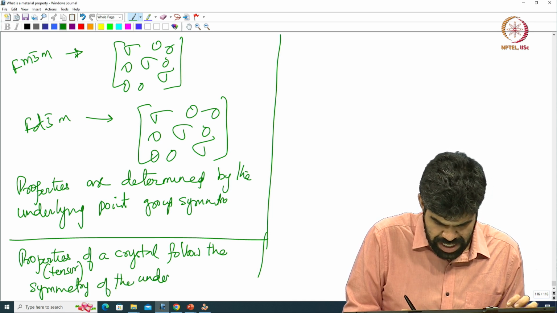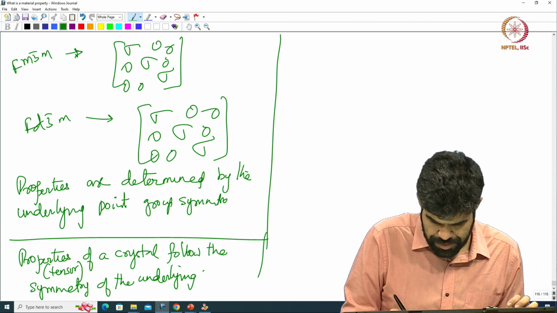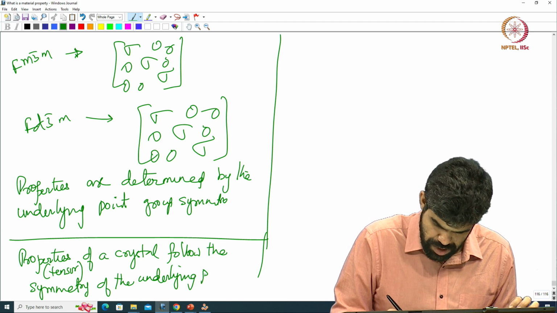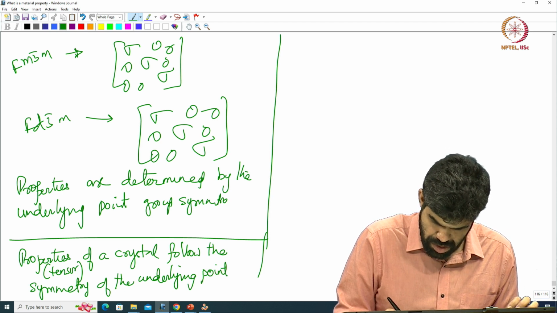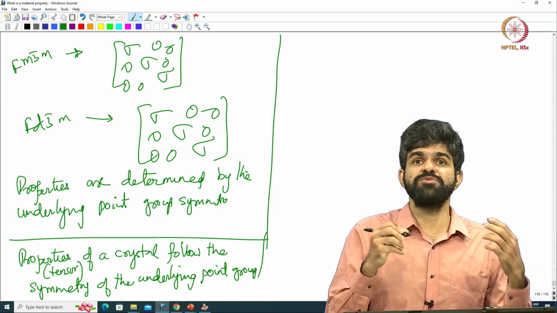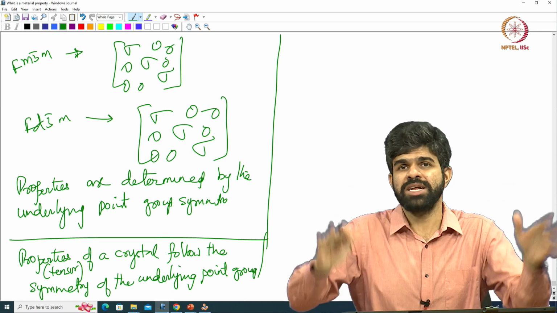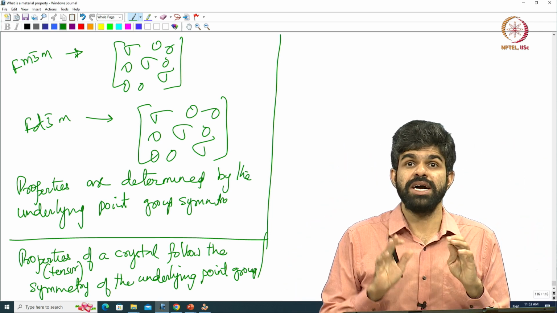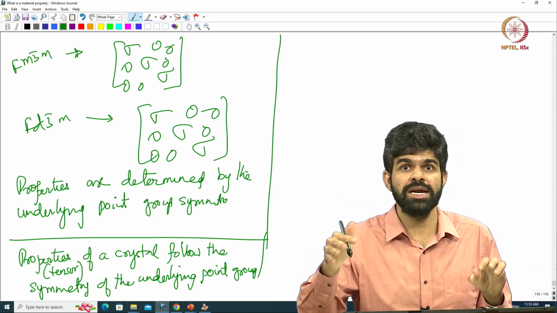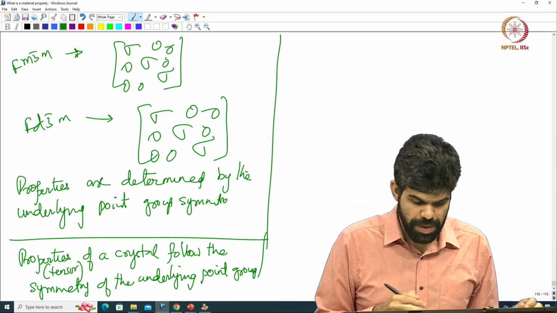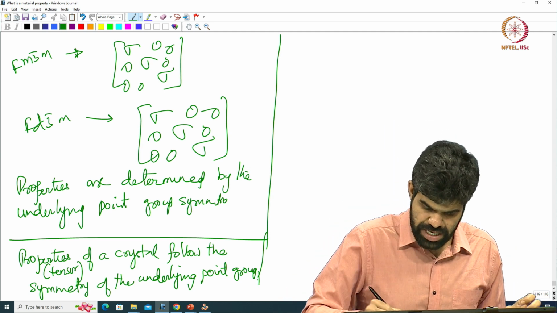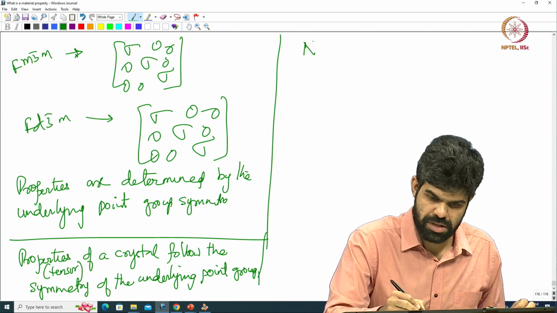We will expand on this in later classes. But property wise, Fm 3 bar m is nothing different from Fd 3 bar m. That there is a glide plane does not matter, the underlying point group is exactly the same. So this is what is called Neumann's principle.